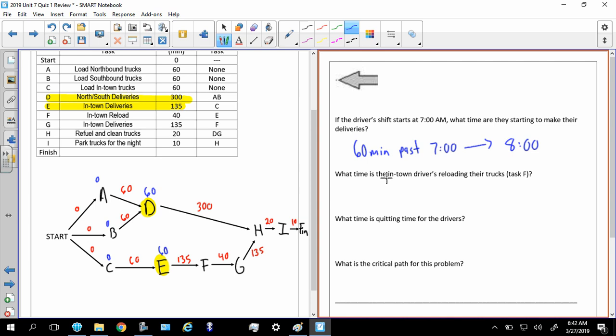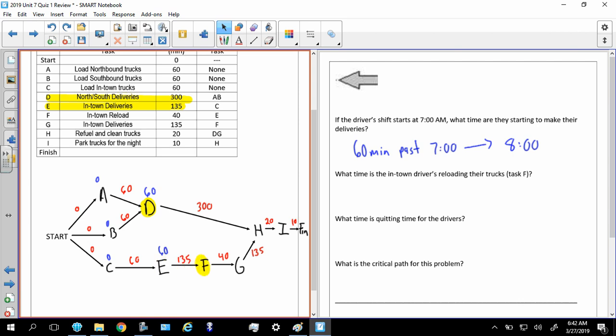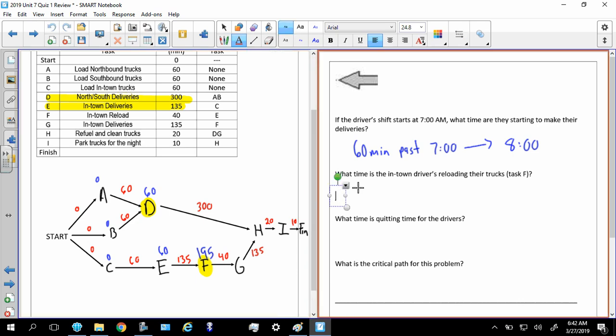Now, what time are the in-town drivers reloading their trucks, which is task F? Well, task F is right there. That's 135 minutes plus 195. I believe that's 195 minutes, which equals 3 hours and 15 minutes.